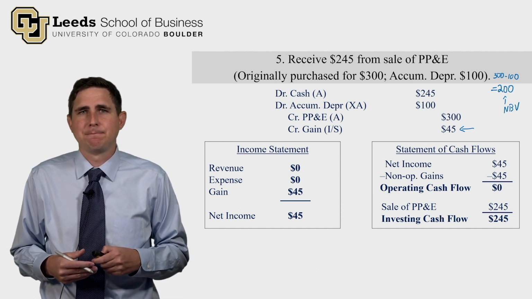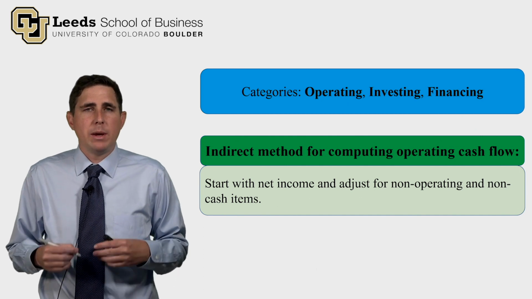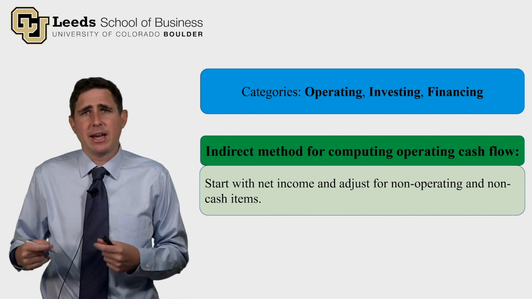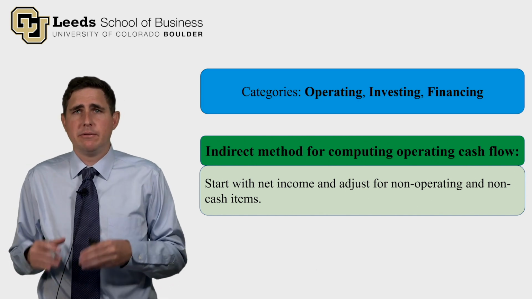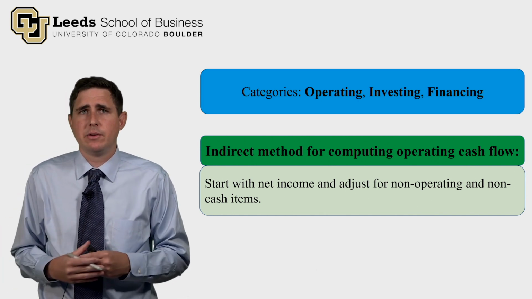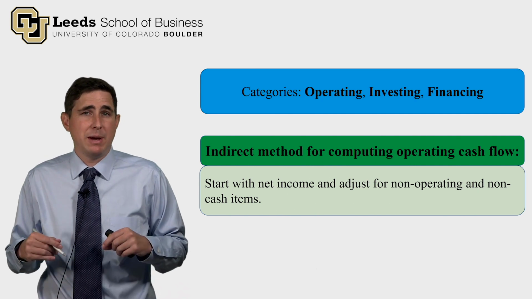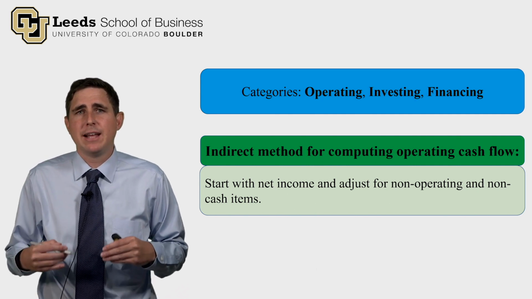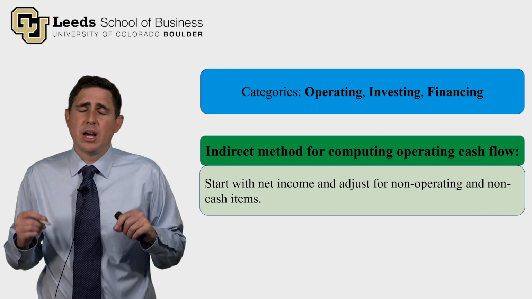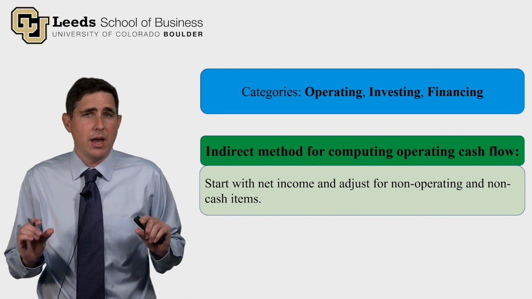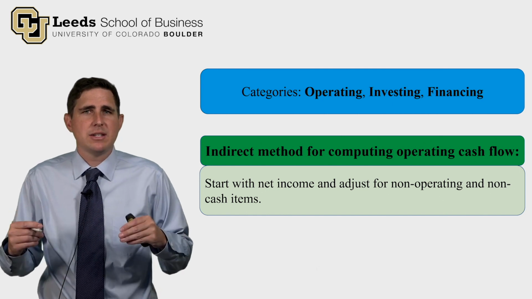So let's recap. In this video, we briefly went through the different types of activities represented on the cash flow statement: operating activities, investing activities, and financing activities. Then we spent a lot more time looking at the indirect method for computing operating cash flow. And the intuition there is that we started with net income, and then we adjust net income.